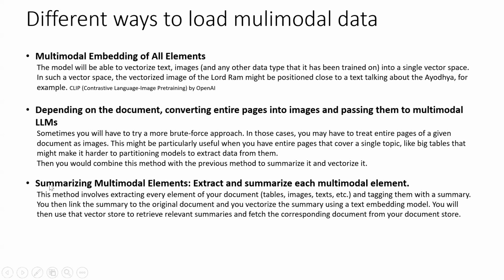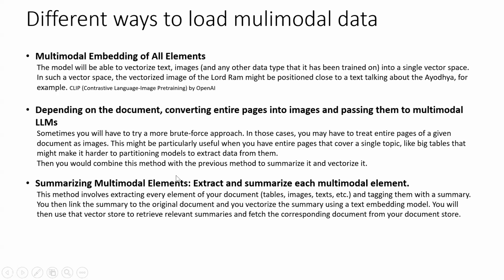Okay, so let me read it out. Sometimes you will have to try a more brute force approach. In those cases, you may have to treat an entire page of a given document as an image. This might be particularly useful when you have entire pages that cover a single topic, like big tables that might make it harder for partitioning models to extract data from them.